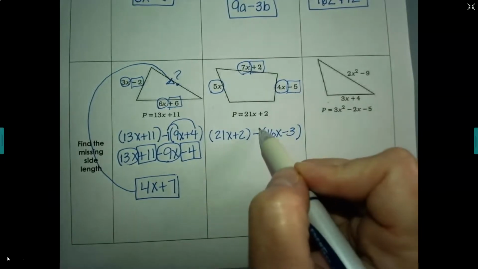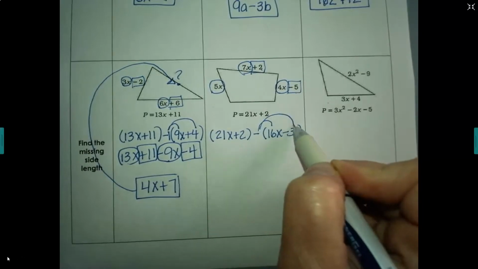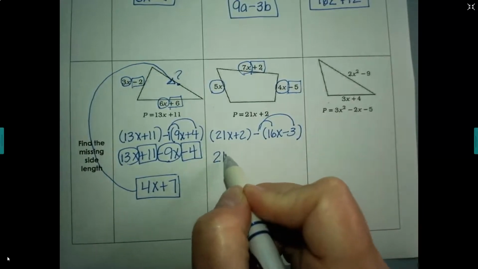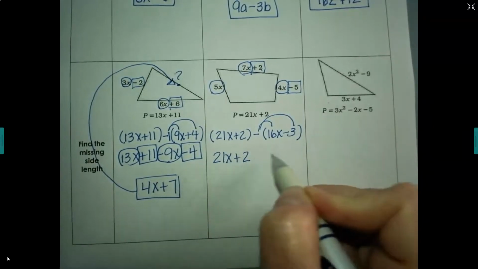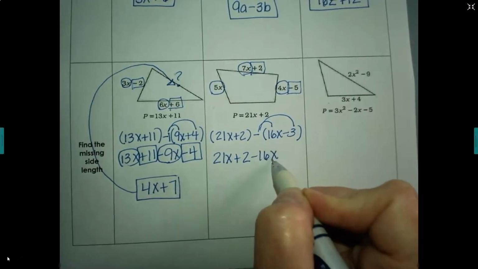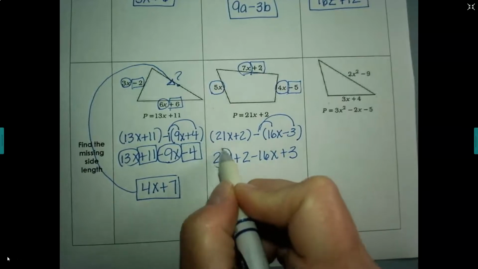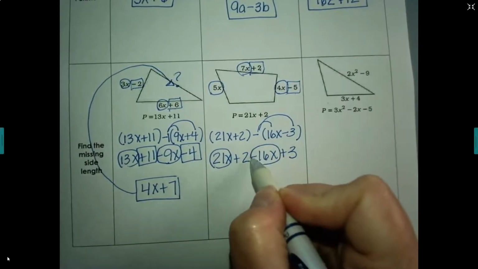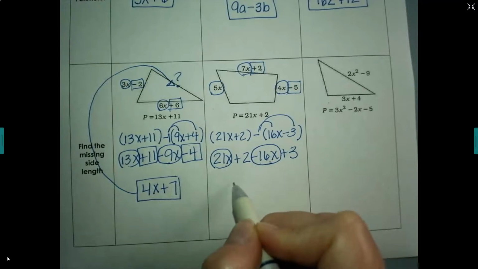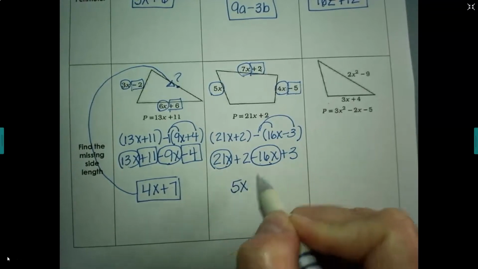Once I have this set up, I want to distribute this through. So I get 21x plus 2 minus 16x plus 3. Combine your like terms. I've got a single x and a single x. 21 minus 16 is going to be 5x.